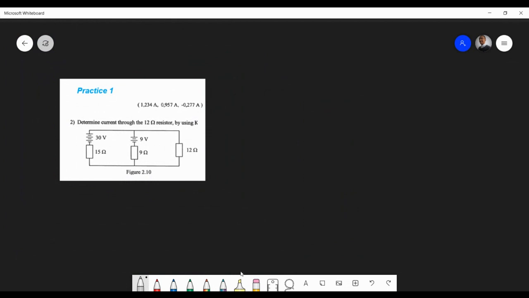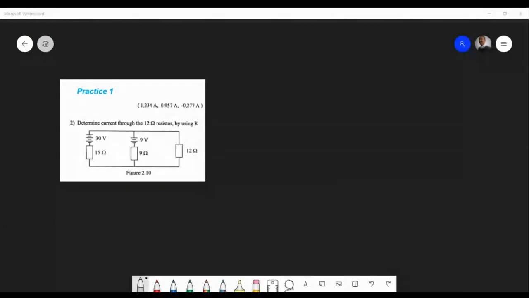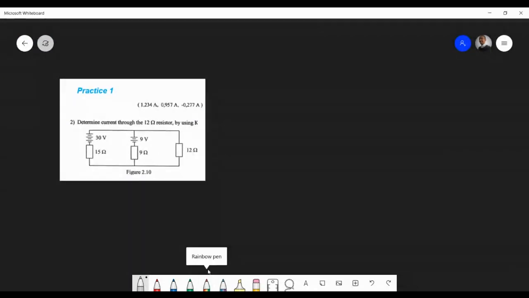I have a question for you quickly before we start, students. What is the voltage across here, here, and here? Can someone tell me quickly? Anyone?